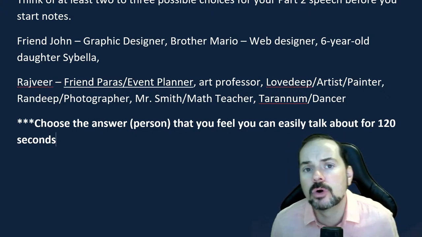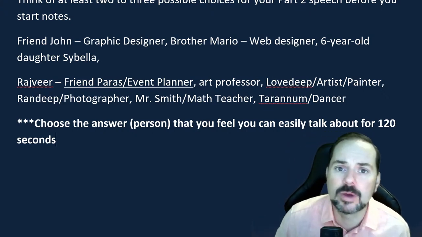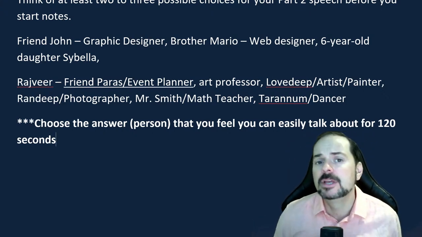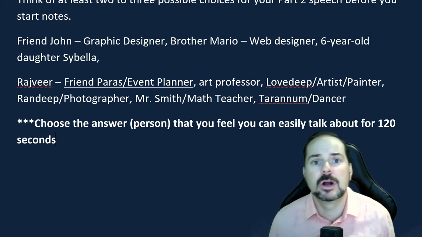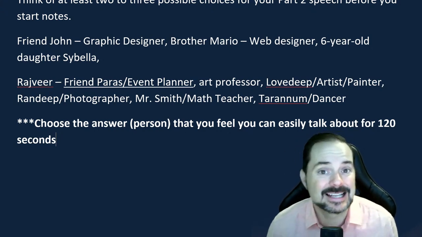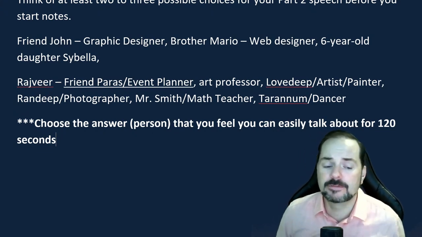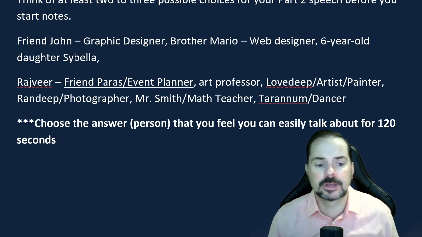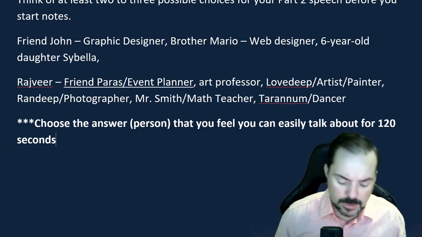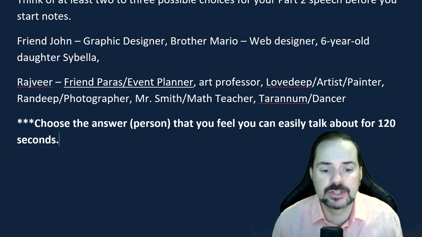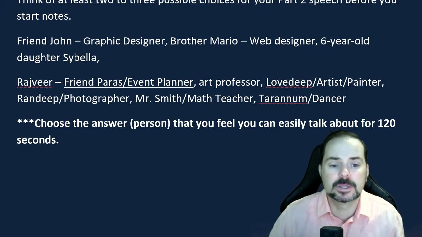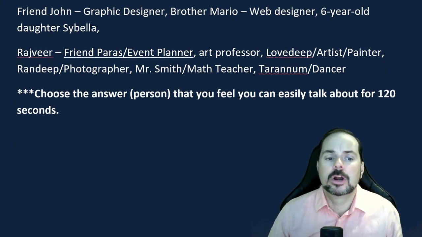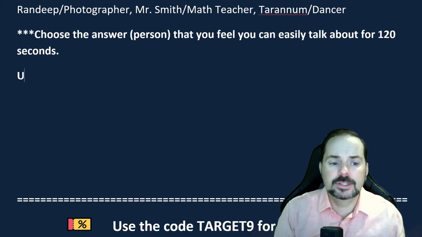And if you don't know words like equations, for example, then it might be somewhat challenging. Or if you don't know something like set design for photography, it could be challenging. So be careful, okay? Make sure that you choose the answer that you feel you can talk about easily. In this case, it should be original. All right, and then you want to take some useful notes.